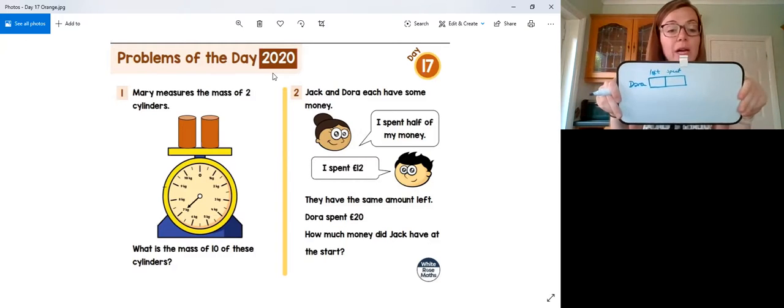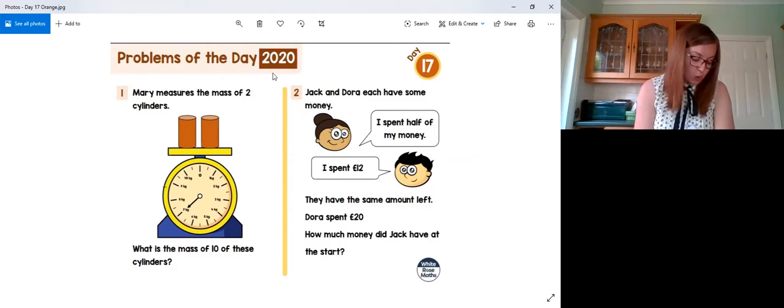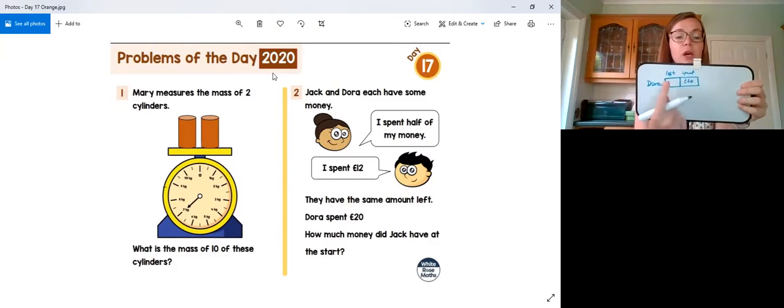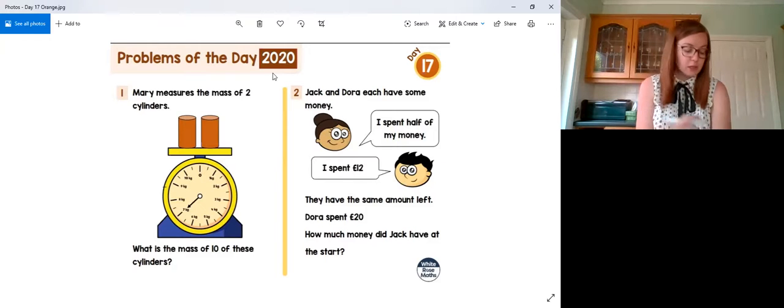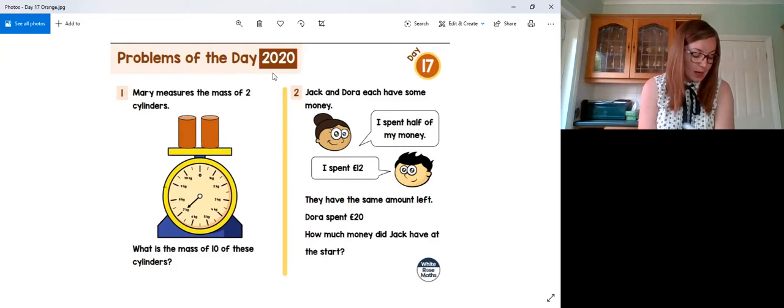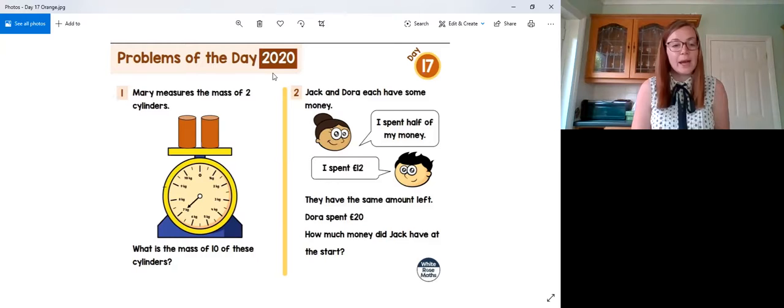I'm actually told how much Dora spent, which is £20. Now, if these 2 groups are equal, because she spent half of the money, if she spent 20, she also has £20 left. Okay, now we need to think about Jack's bar. So Jack, we are told, has the same amount left as Dora.